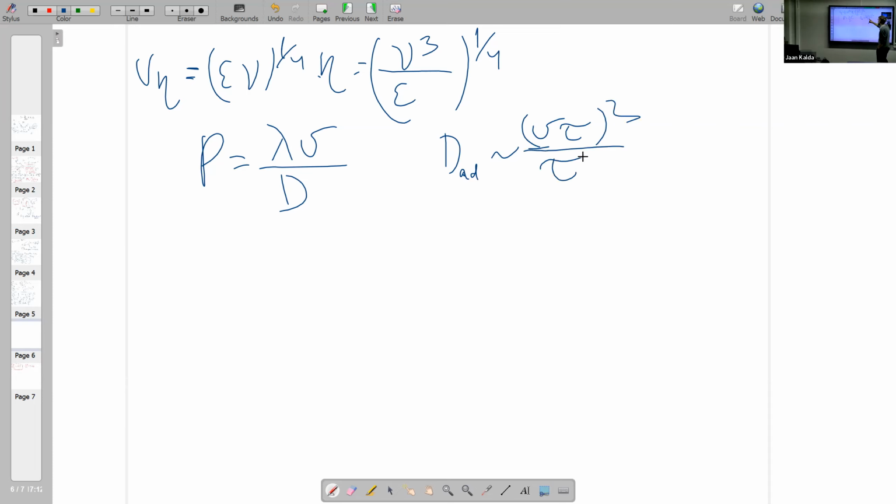But if we keep in mind that v times tau is lambda, then one v times tau gives us lambda, and the other tau cancels away, remaining only one v. Then you can see that the advective diffusivity is lambda times v.